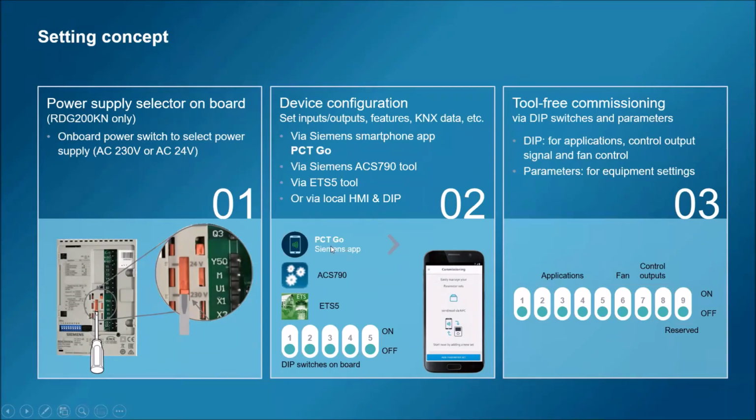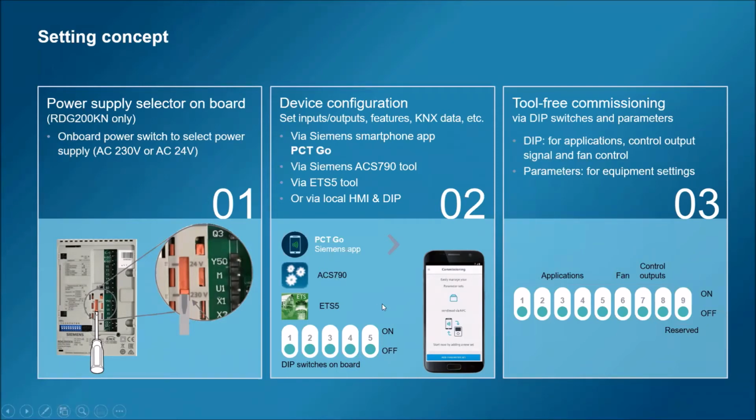The new option that we want to talk about today, and I will talk about it a bit later in the slides, is our smartphone app PCT GO, product commissioning tool, that will allow you to do the setting of the thermostat via your smartphone. But we also want to keep, because it's a KNX device, the KNX way of doing the settings. And you can do a whole building sitting on the chair and doing this from the laptop. So this is also something that we want to keep.